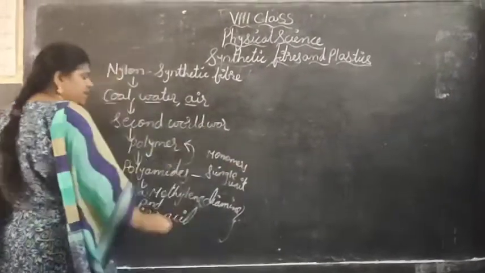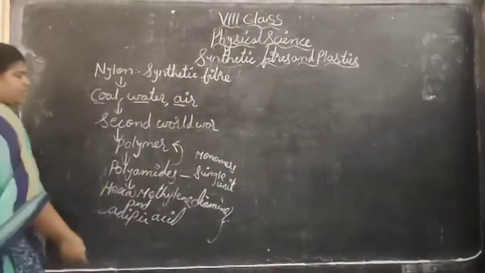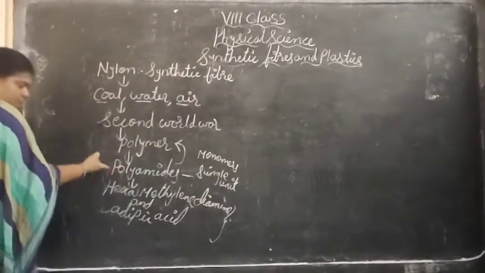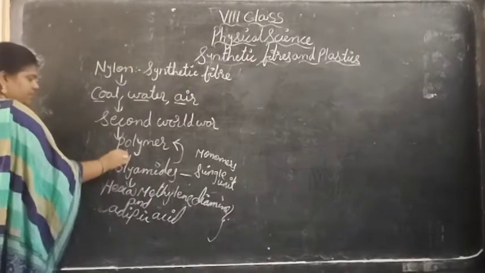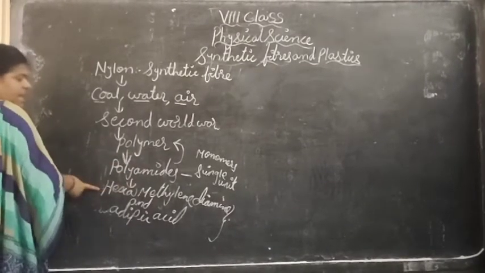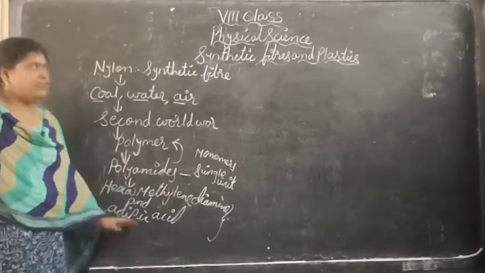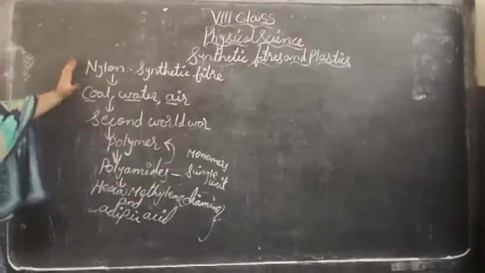These single units are called monomers, and all these single units join into polymers, and these polymers are called polyamides. The chemicals present in these polyamides are hexamethylene diamine and adipic acids, which we take to prepare this nylon synthetic fiber.